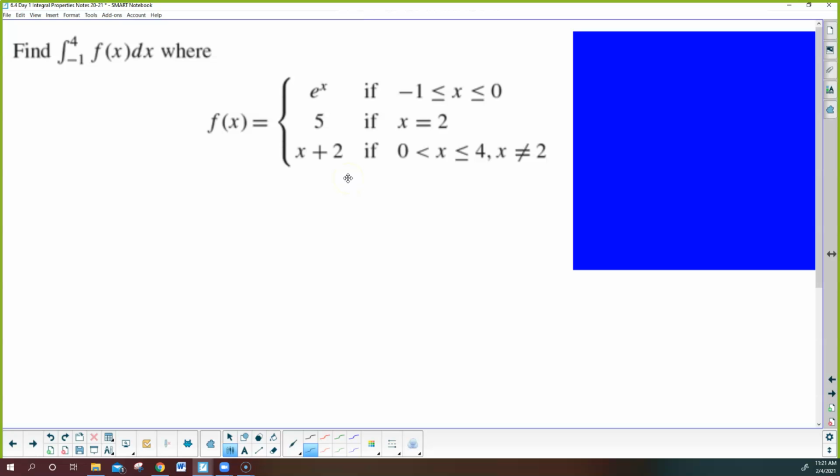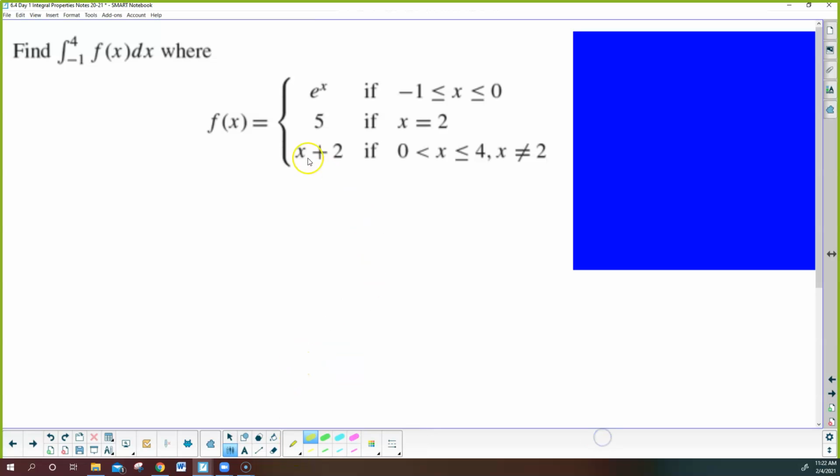But if we have a really strong connection to the properties of the integrals that we just learned, this is actually a pretty friendly problem we can do without a calculator. I'll give you a second to write this down.